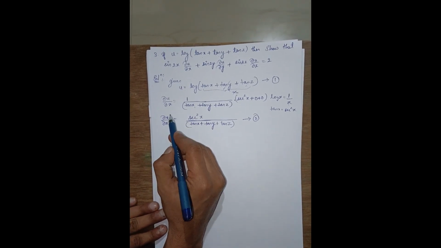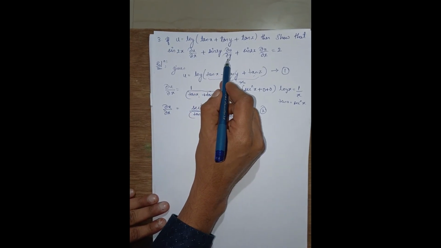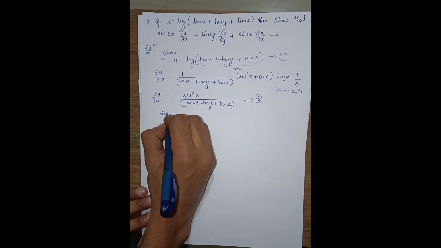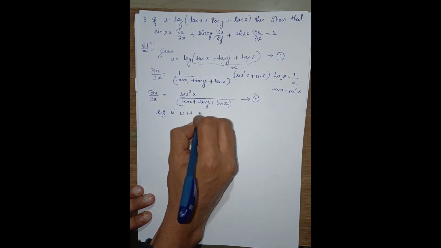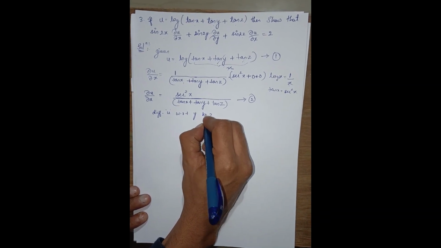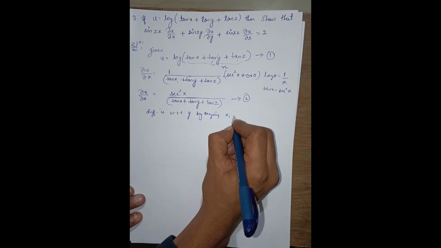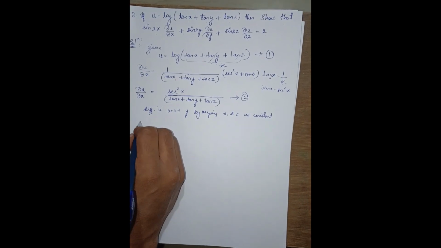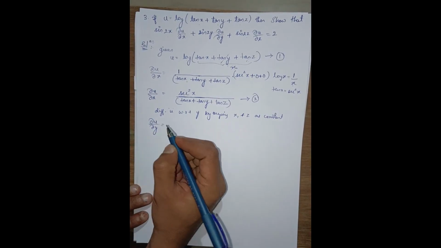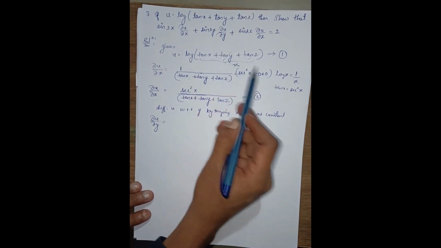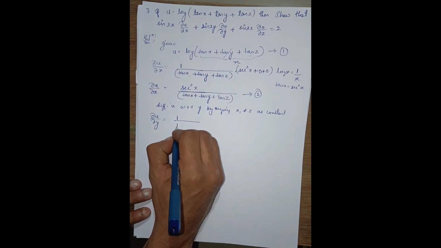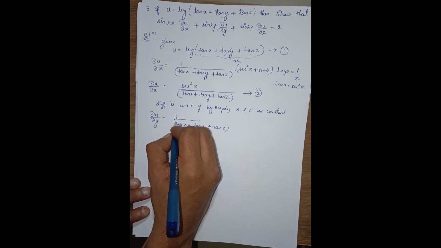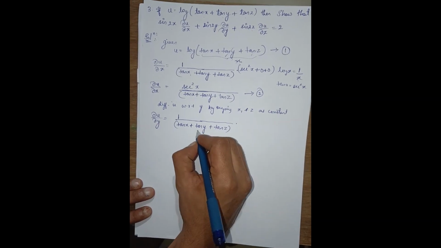Now, same, this u should be differentiated with respect to y, that is ∂u/∂y, keeping x and z as constant. ∂u/∂y is equal to, again same, log x means 1 by x, that is 1 by tan x plus tan y plus tan z, into the internal differentiation.